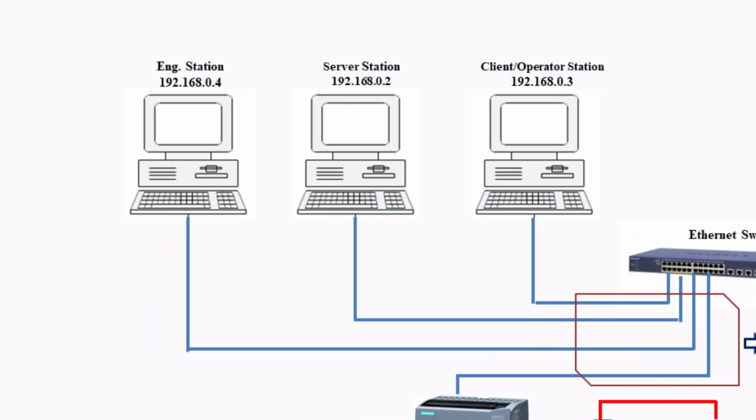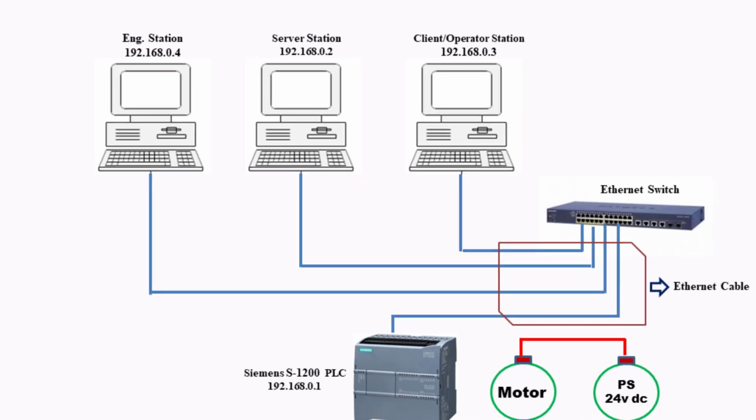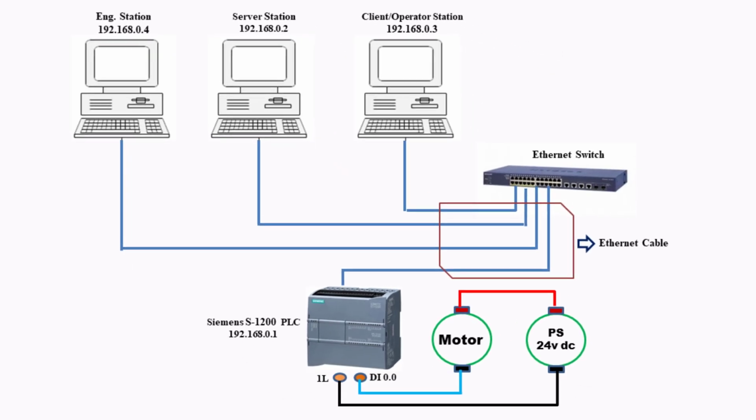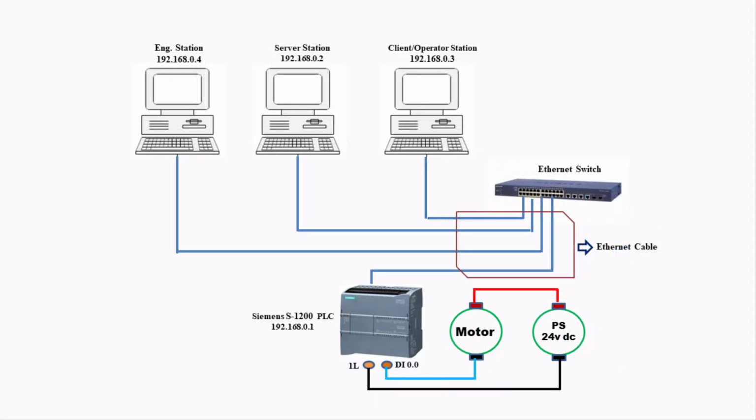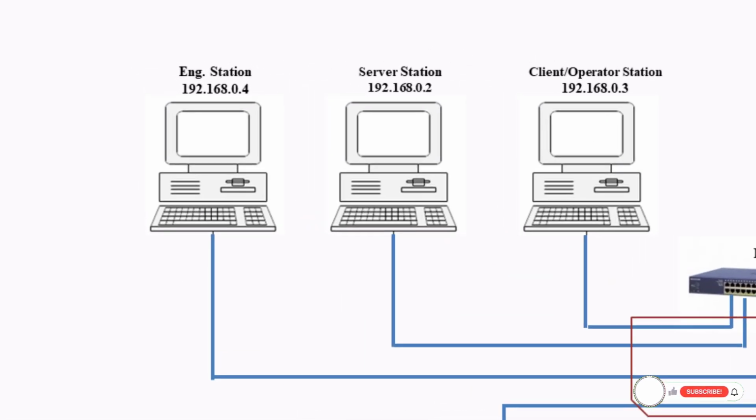This will establish the network connectivity for these PCs so that data exchange takes place frequently among the PLC, server station, and client, or operator station. When we finish the configuration and communication settings for the engineering PC, server PC, and client PC, make a simple PLC ladder program and a SCADA program on the engineering PC using TIA Portal software.